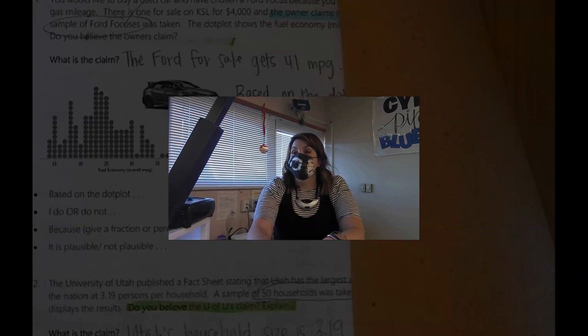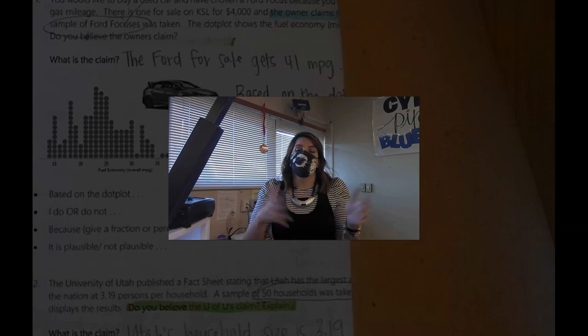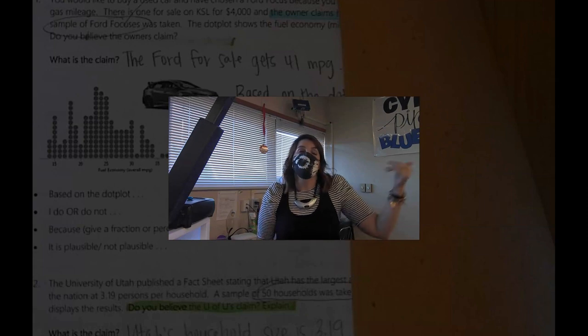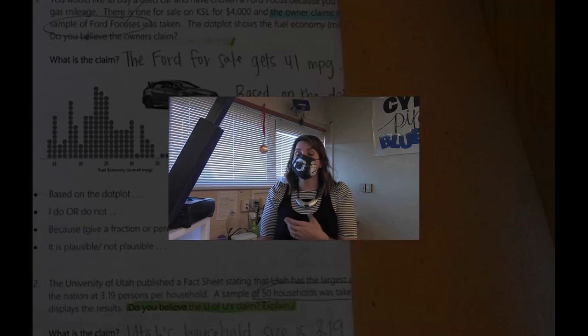Hopefully not, because that's not even possible. It's not possible to have 0.19 people. The reason why is because lots of household sizes are different. My household size is 2, but your household size might be 7, and the person sitting next to you's household size might be 4. And that's okay.